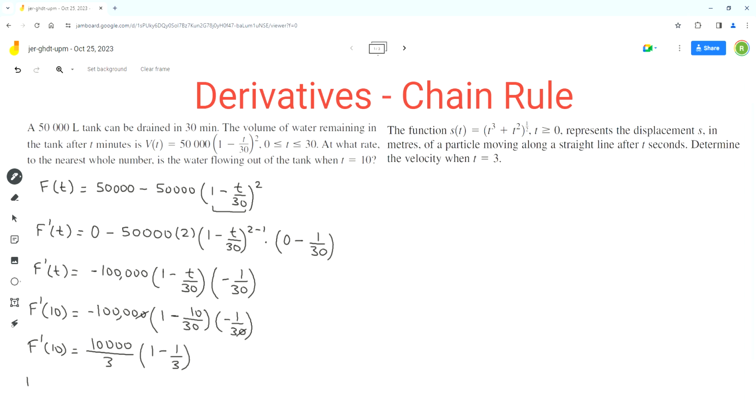So in the next step, F'(10) equals 10,000/3 times, now 1 minus 1/3 is equal to 2/3. So now we can evaluate this expression. So F'(10) equals, I got 2222.22.